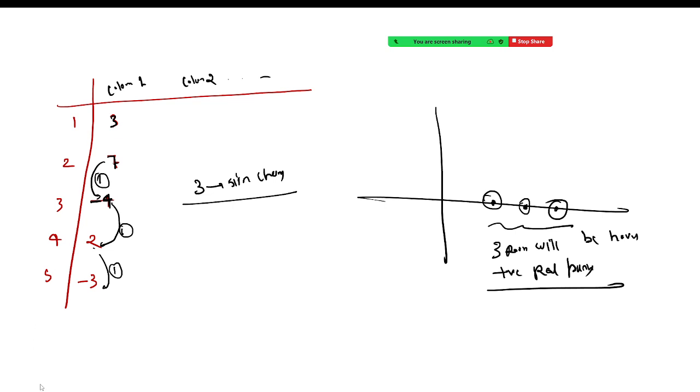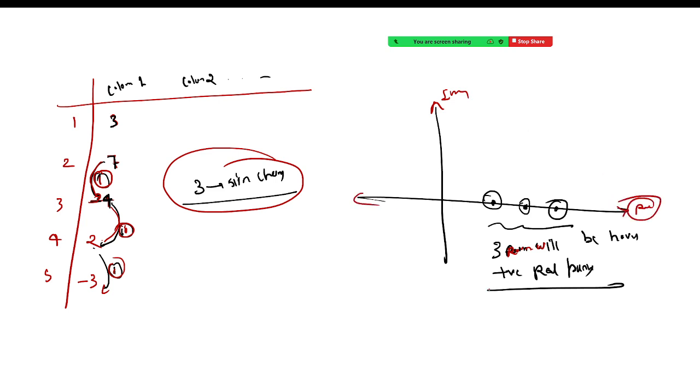So you have to check the sign of all these elements, positive or negative. Here is the first sign change, again negative to positive, again positive to negative. So there are three sign changes. The number of sign changes equals the number of roots having positive real part on the complex plane. If this is your imaginary axis and this is your real axis, then three roots have positive real parts and the system will be unstable. Is it clear?